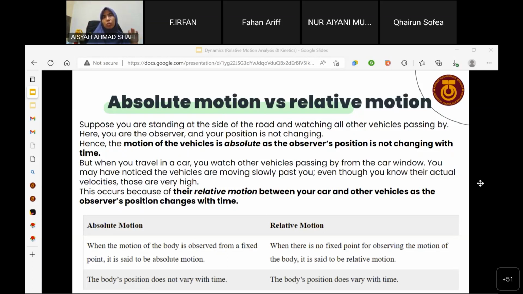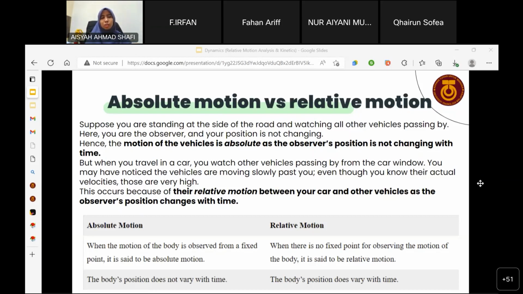But when you are in a car and you see another car beside you, the vehicle is not very fast compared to when you are standing outside stationary, that means not moving. So this is the meaning of absolute motion and relative motion.